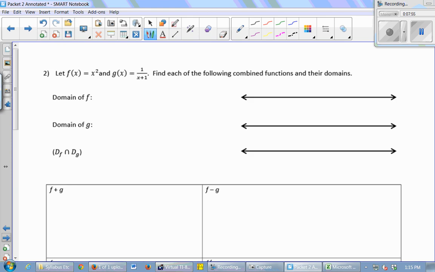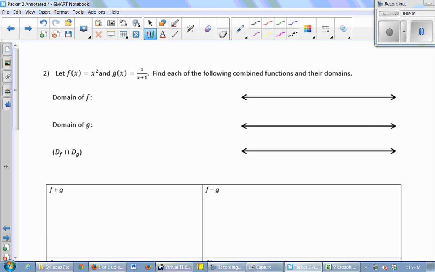So, quick example. Let's say I have x squared and 1 over x plus 1 as my 2 functions, f and g. I want to find each of the following and their domains. So what's the domain of f of x? Are there any restrictions on x squared?